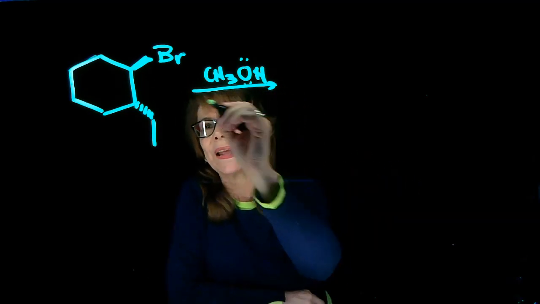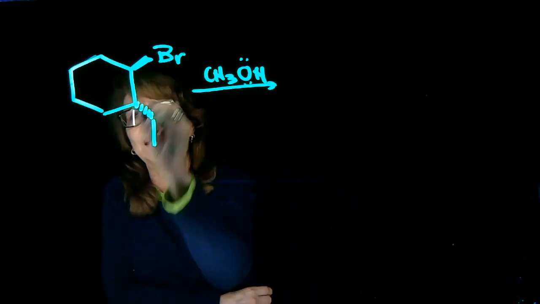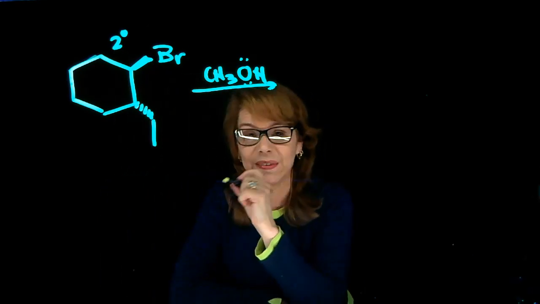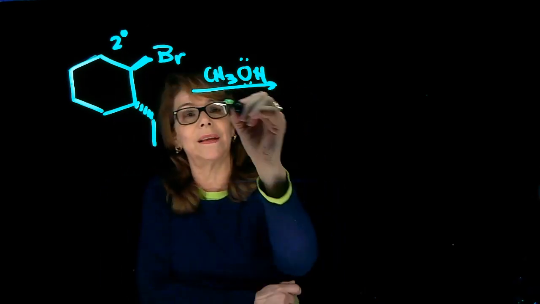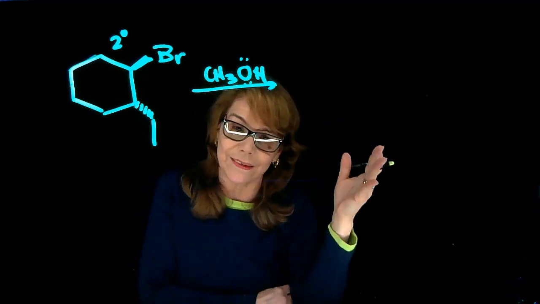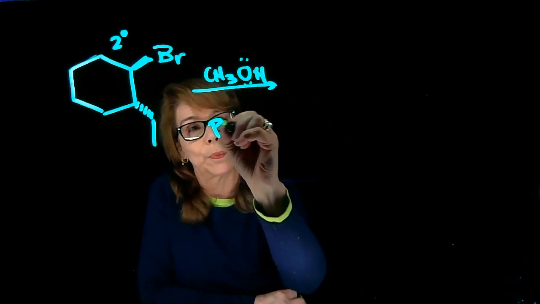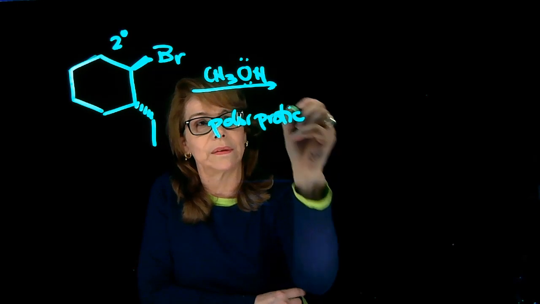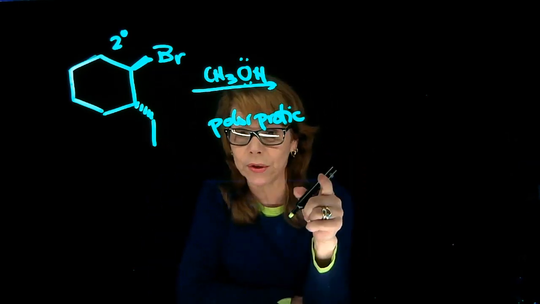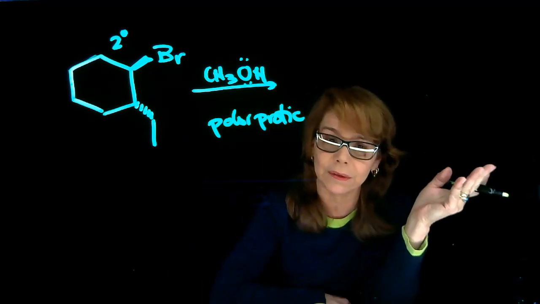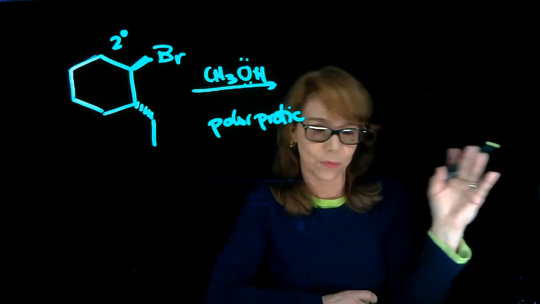The alkyl halide here is secondary. This methanol is acting both as a nucleophile and as a solvent, and it's polar protic. So when we have something that's polar protic with a weak nucleophile, remember, a secondary alkyl halide, depending on the conditions, can go SN1 or SN2.